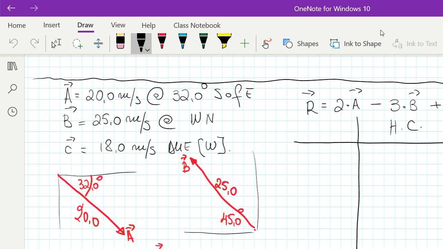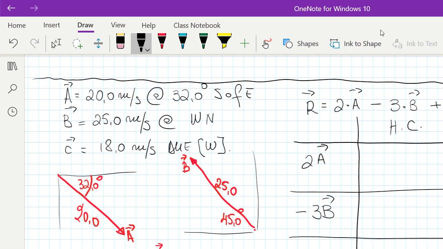So the vectors that you are dealing with are 2A, negative 3B, 1 over 4C, and since we are done with the vectors, we have the resultant vector here. So now let's create a right angle triangle for vector A that includes the given angle.